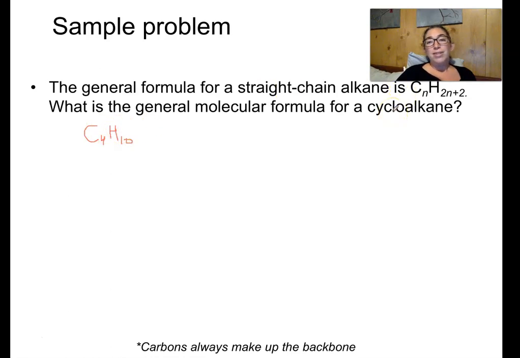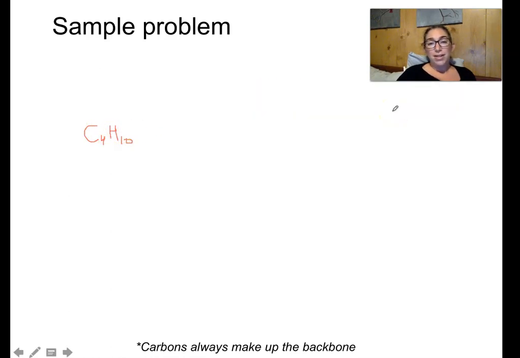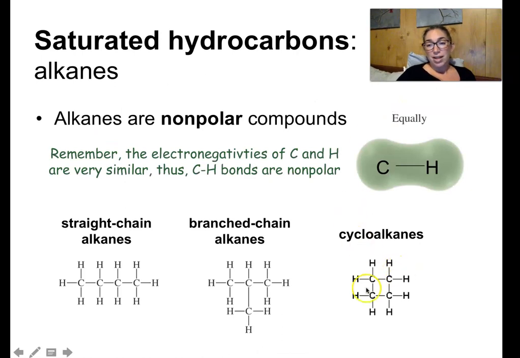But what about for a cycloalkane? Well, if we go back to this previous slide for a second, and we look at this cycloalkane here, it has 4 carbons, so the molecular formula would be C4, and it has 2, 4, 6, 8 hydrogens. Each of those carbons is bound to 2 hydrogens.